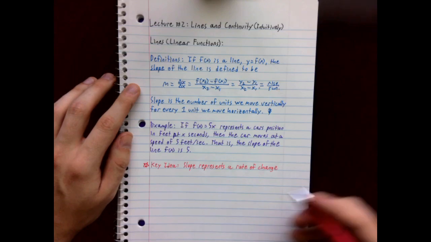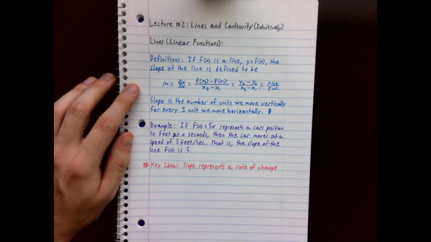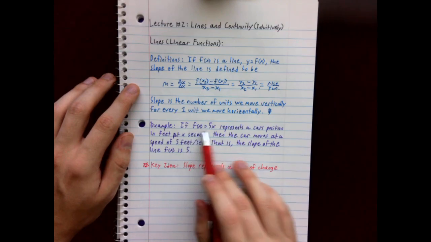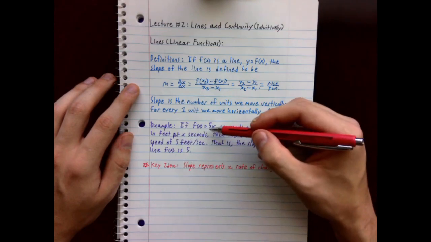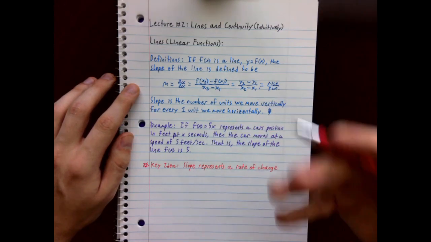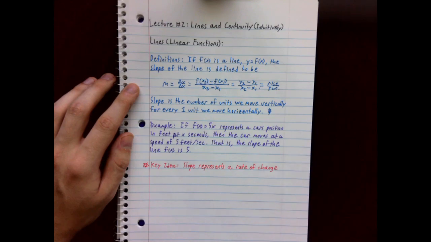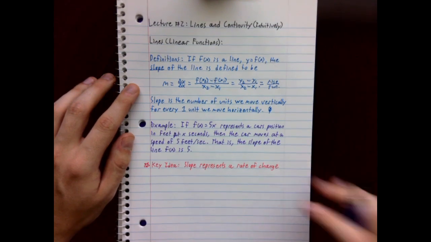Very important idea. So slope here represents a rate of change. If I tell you that a car is moving with this sort of position function, then the slope of this line is telling me about the speed of that car, or the rate of change of the position of the car.